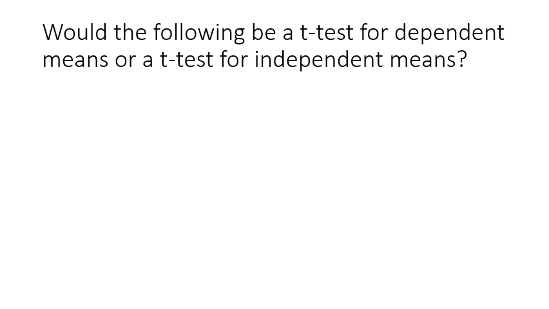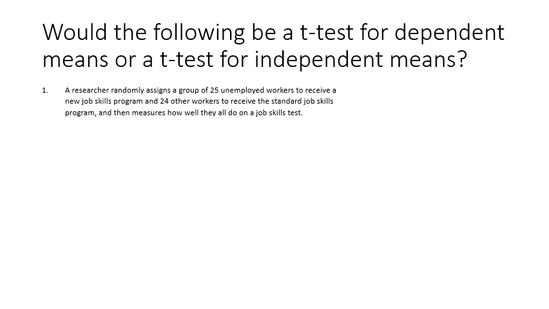So here we'll be doing some problems such as those you'll be seeing in your practice quiz. Number 1: a researcher randomly assigns a group of 25 unemployed workers to receive a new job skills program and 24 other workers to receive the standard job skills program, and then measures how well they all do on a job skills test. So we can see right away that we have two groups.